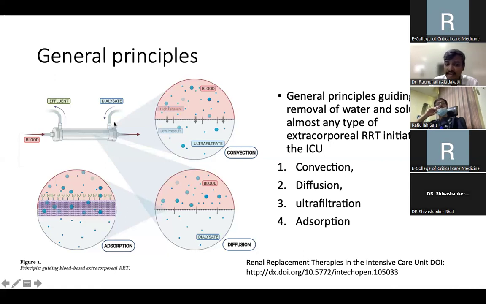In this dialyzer or hemofilter, the ultrafiltration principle may be working, or the diffusion principle, or maybe adsorption. Adsorption is not routinely used. Most commonly used is either diffusion in the case of hemodialysis or convection in the case of hemofiltration. I'm going to discuss that one by one.